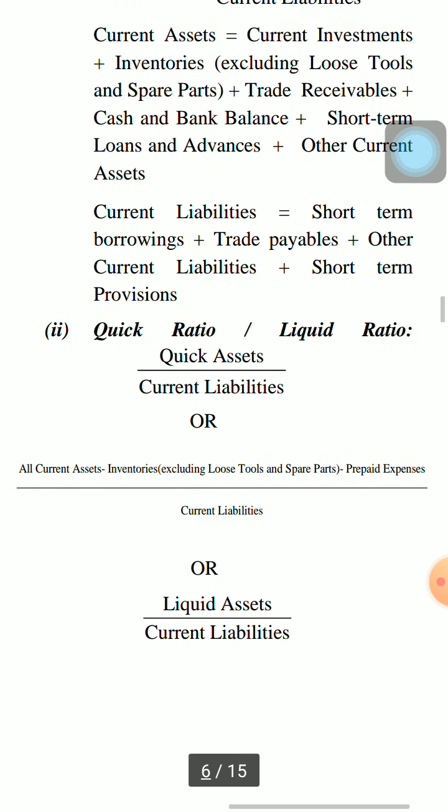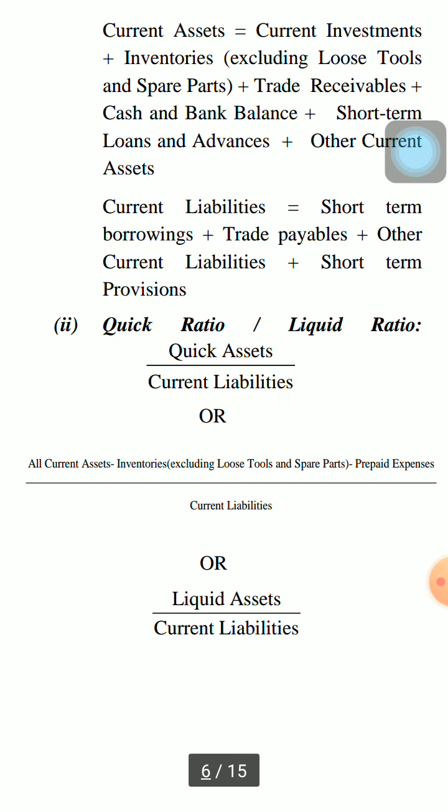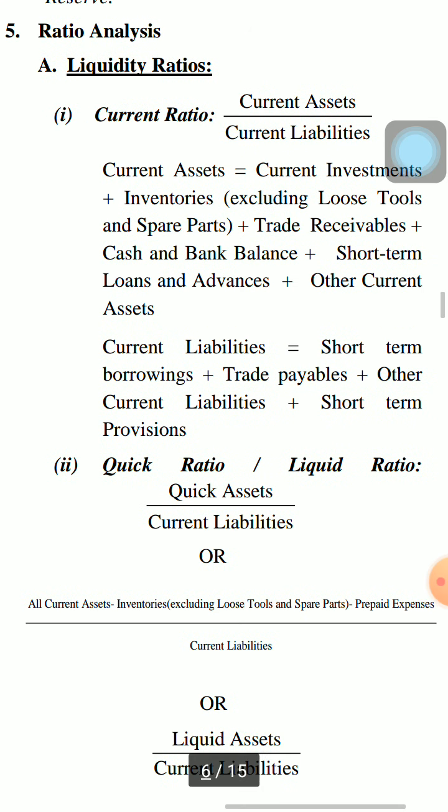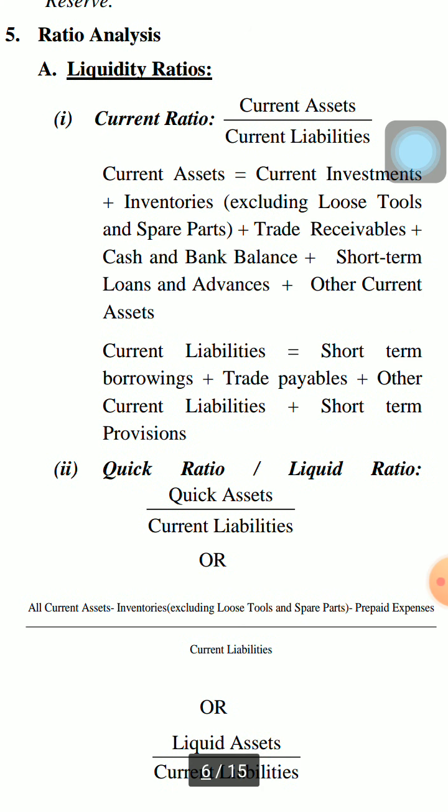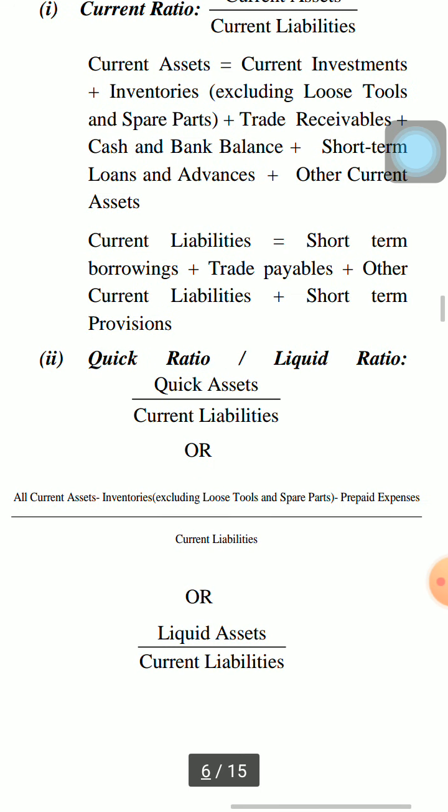This is calculated by dividing quick assets by current liabilities. Now here quick assets is different from your current assets in terms of inclusion of inventories and prepaid expenses.